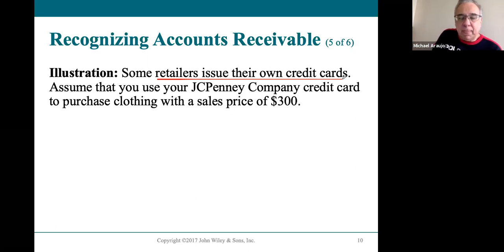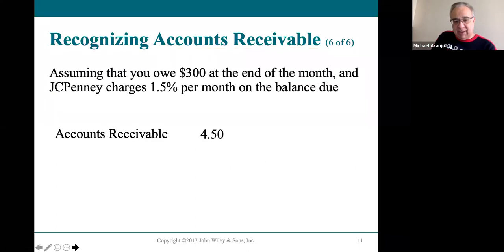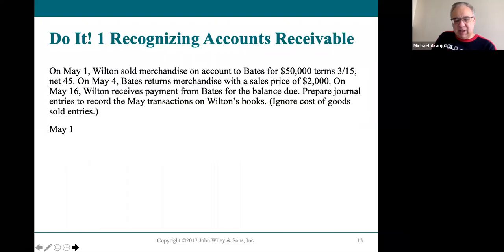They don't do it on their own. And that complicated receivables even more when you have your own credit cards and your own receivables from those credit cards. Oh my God, what do you do? Because now you're dealing with customers. You're not just dealing with business to business transactions. So I'm not going to go through that, but it does complicate things.